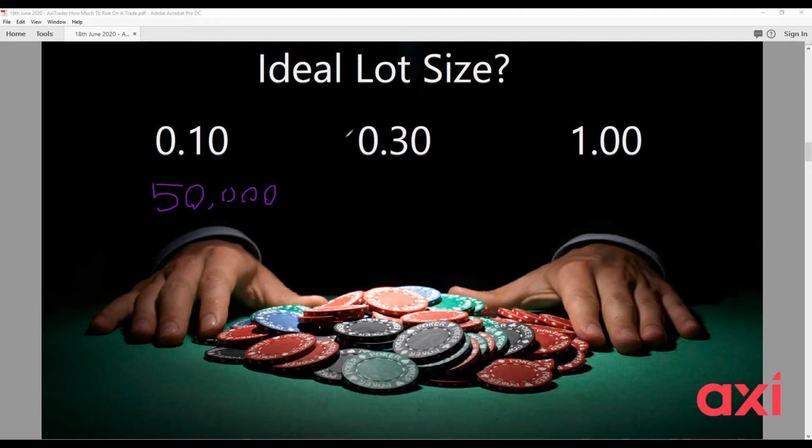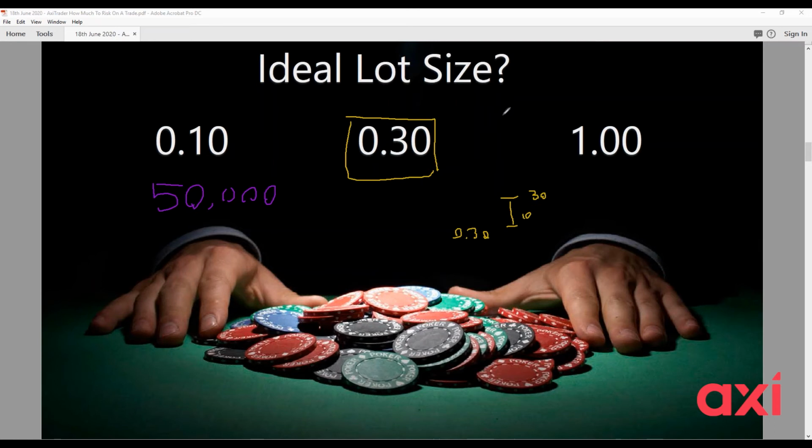If you use a lot size of 0.3, correct? A lot of people say, okay, it's 0.3 lots, right? And if your stop loss was 10 pips, maybe you're risking $30, right?